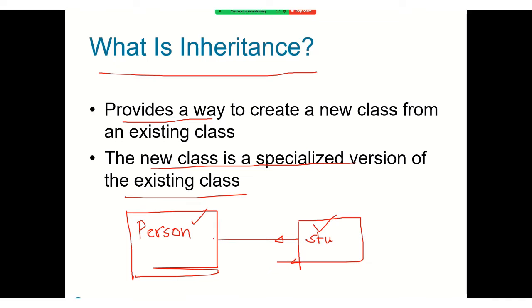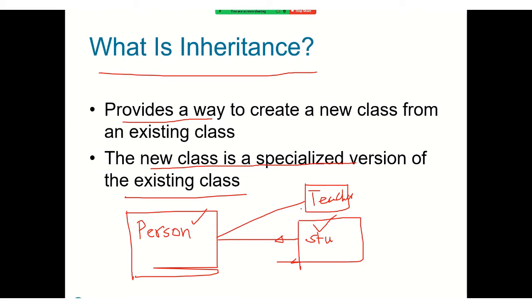But then within the same school, you have the teachers, right? Now, if you derive the teacher object from the person class, then teacher is also a person. But teachers can have other attributes as well, such as department.